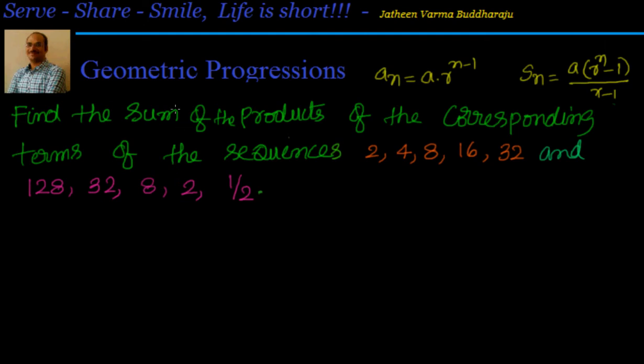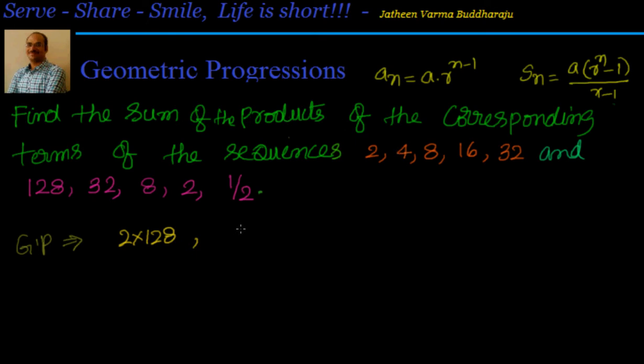Now we know that if two geometric progressions' corresponding terms are multiplied, then the resultant is also a geometric progression. So we will leverage that and see what geometric progression we are going to form. If I find the product of these two, my first term will be 2 into 128, because I have to find the sum of that.